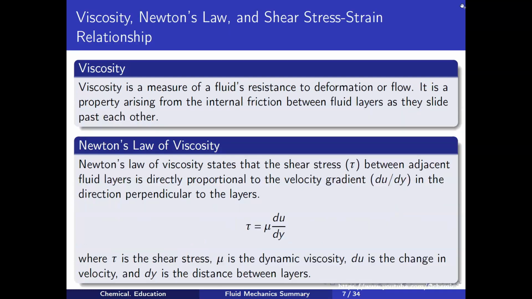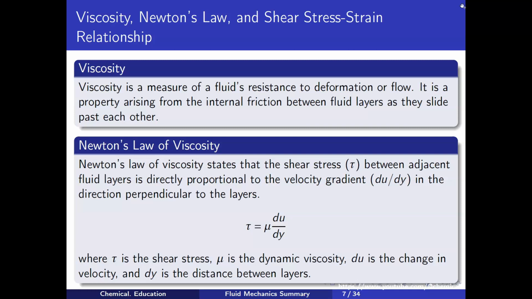Now I'm talking about viscosity, Newton's law, and shear stress strain relationship. Viscosity is a measure of a fluid's resistance to deformation or flow. It is a property arising from the internal friction between fluid layers as they slide past each other.